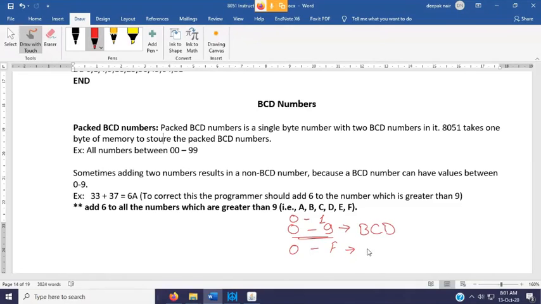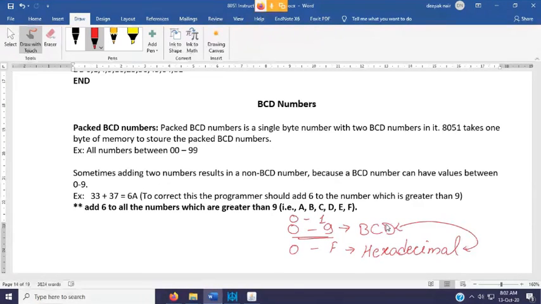microprocessors, microcontrollers, or embedded systems, they work with hexadecimal numbers. But now the question is, how can we bridge the gap between the confusion of BCD and hexadecimal numbers? How can the microprocessor understand whether the number is BCD or not, or what kind of operation should it do with the hexadecimal numbers to convert it back to BCD number?